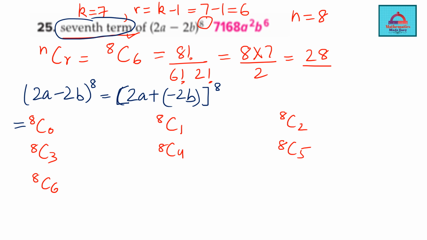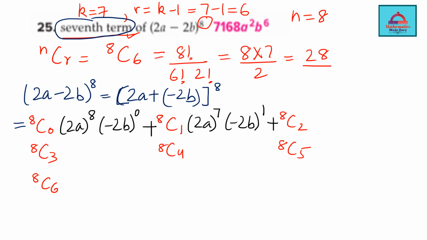Now we write the first term raised to the power maximum, second term to the power 0. Next term, 2a power reduces by 1, minus 2b power increases by 1.